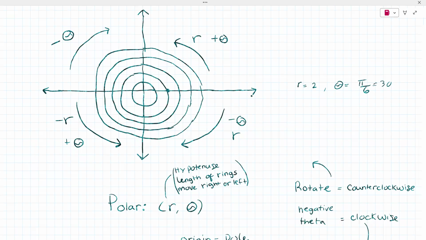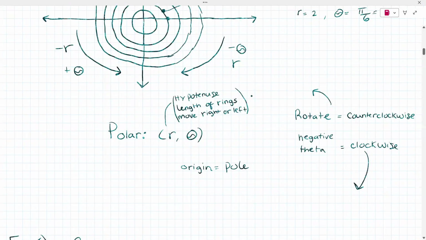And then our theta is pi over 6, so it would be right about here. So it would be somewhere around here. Radius is the hypotenuse, and you're either going 2 rings to the right or to the left. Then your theta is either going counterclockwise or clockwise. If your theta is positive, you go counterclockwise. If your theta is negative, you go clockwise.